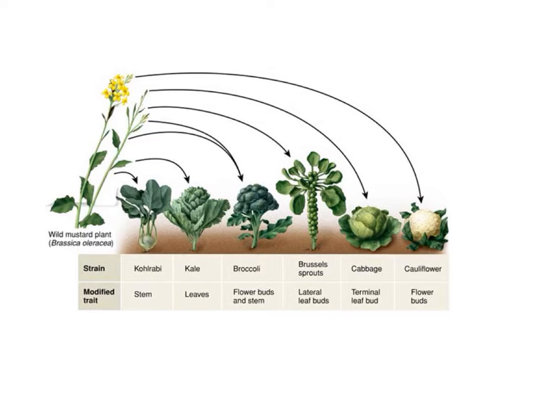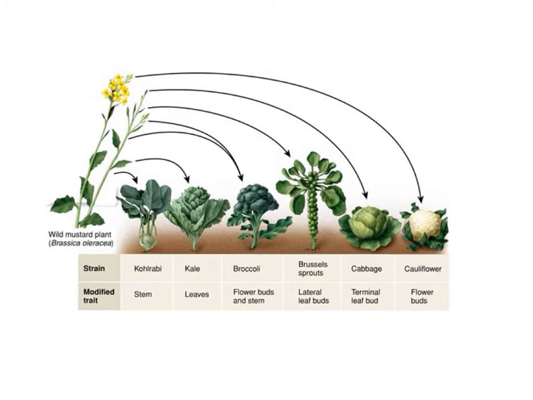Here is an example of selective breeding, sometimes called artificial selection, because farmers and breeders only allow plants and animals with desirable traits or characteristics to reproduce. This is an example of how, over time, farmers have used the wild mustard plant to create all of these vegetables.